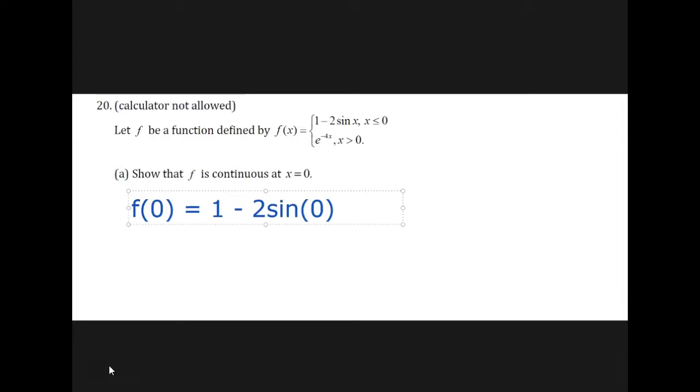So the sine of 0 is 0. 1 minus 0 is 1. So f of 0 exists.